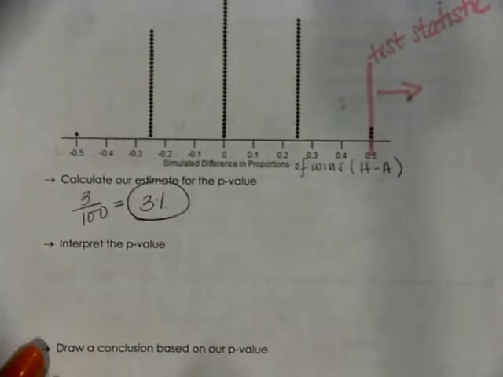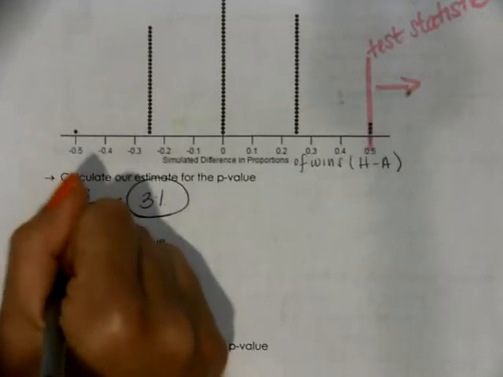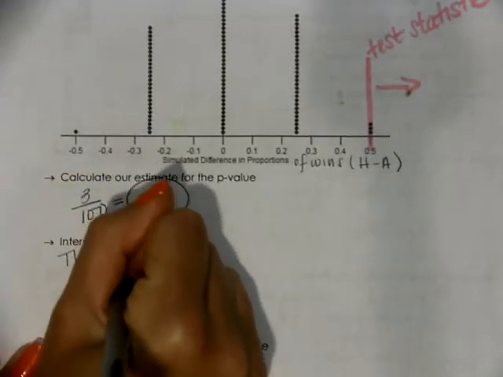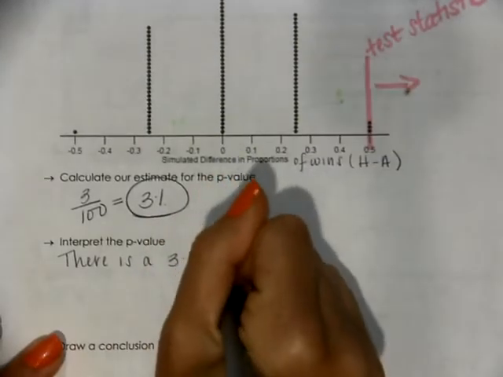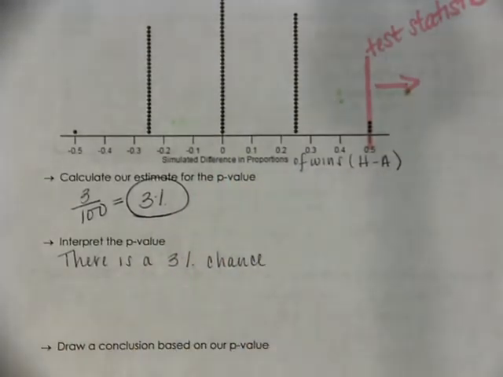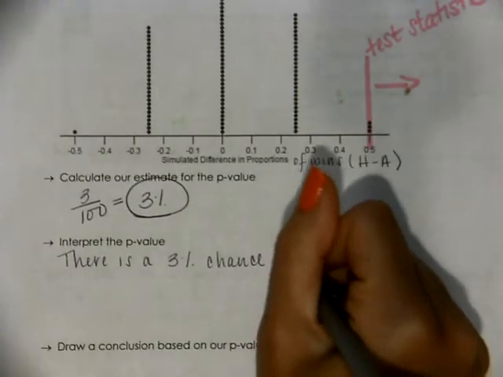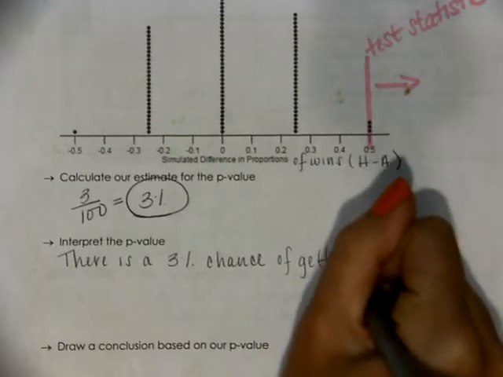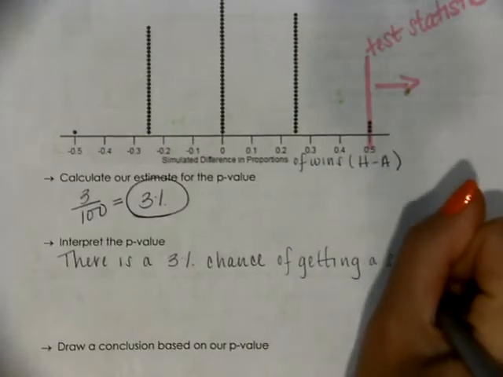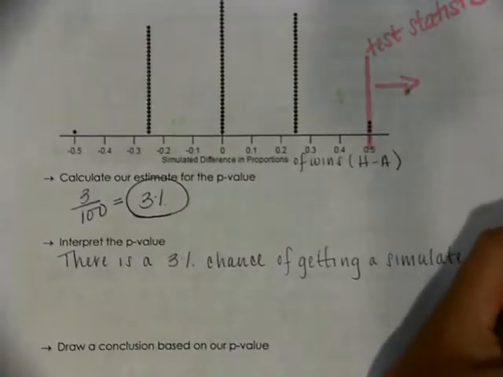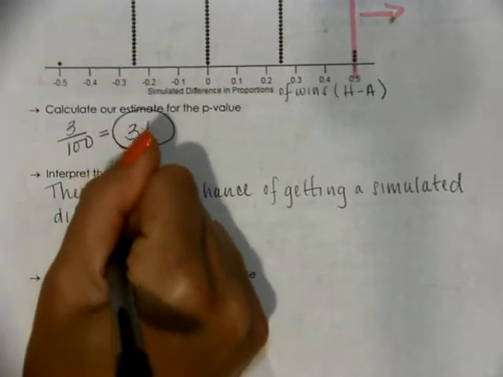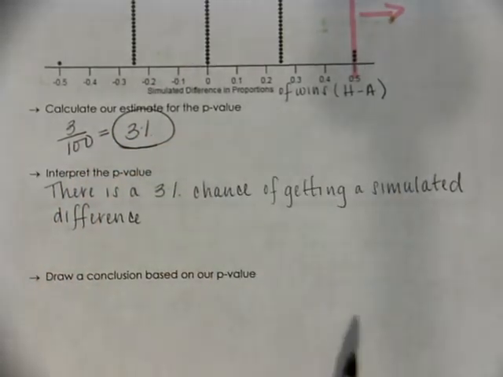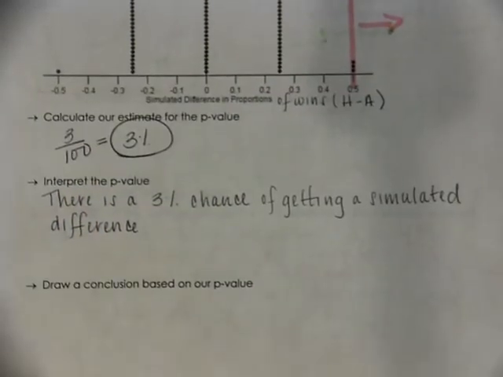So interpret this value. What does this 3% mean? It means there is a 3% chance of getting a simulated difference, use the label on your dot plot to help you. Read the labels on your dot plot, you guys.